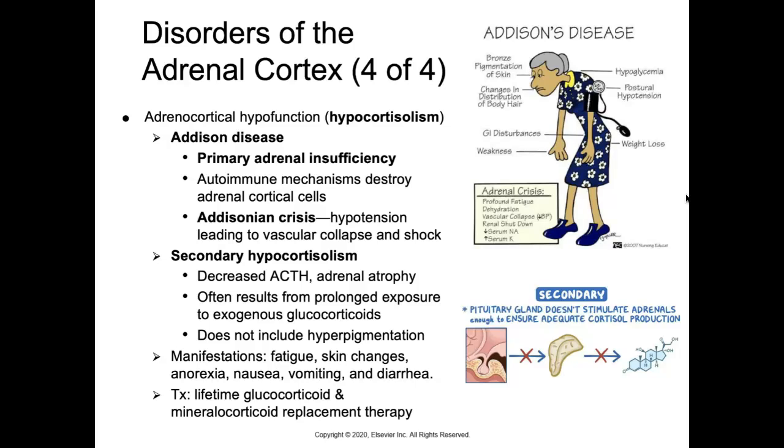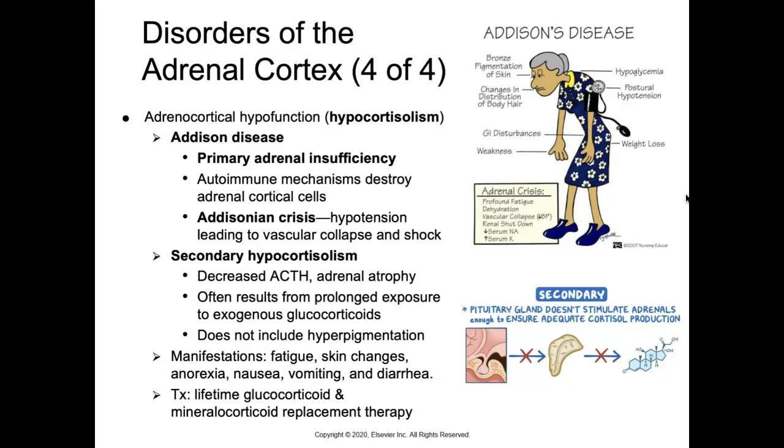If it happens in childhood, they call it type 1. If it happens in adulthood, they call it type 2. And it's associated with other autoimmune diseases too, such as Hashimoto thyroiditis or pernicious anemia or hypoparathyroidism. And so it can happen due to any of these types of infections or disorders.